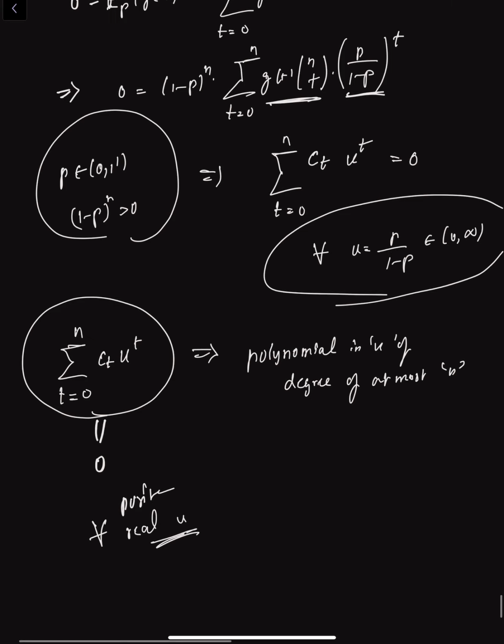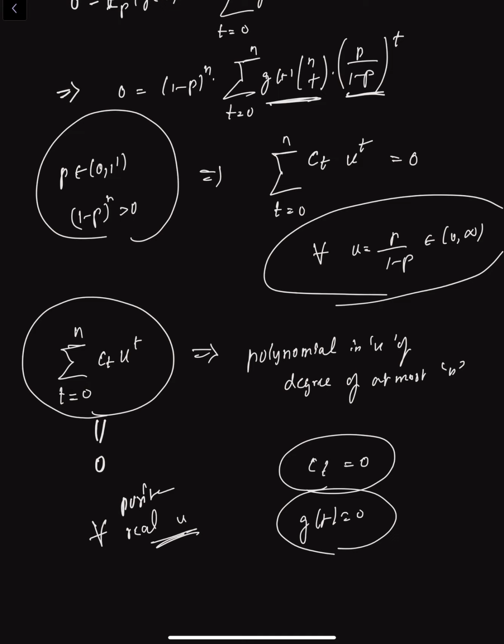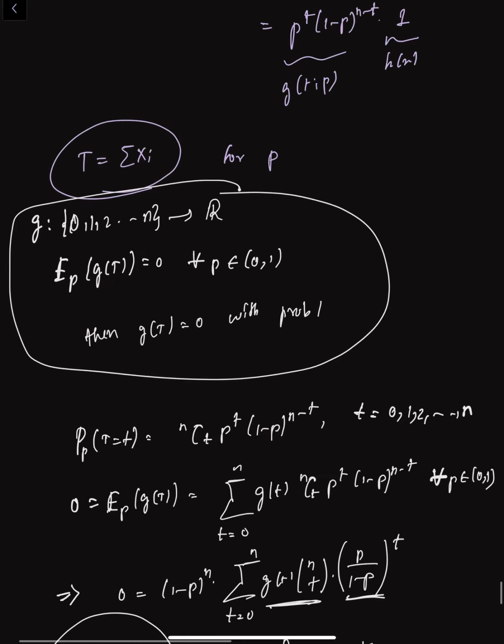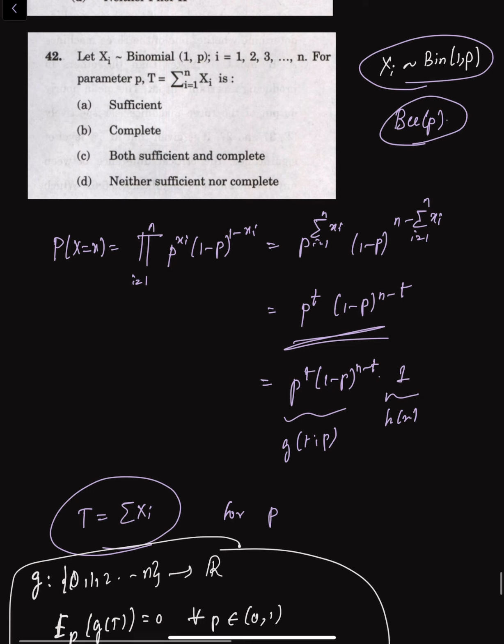That means all the c_t's must be 0, which means all the z of t's must be 0. So z of t is equal to 0 for every possible t. This ensures z is nothing but 0, proving the completeness. Therefore, T equal to summation xi is both a sufficient as well as a complete statistic.